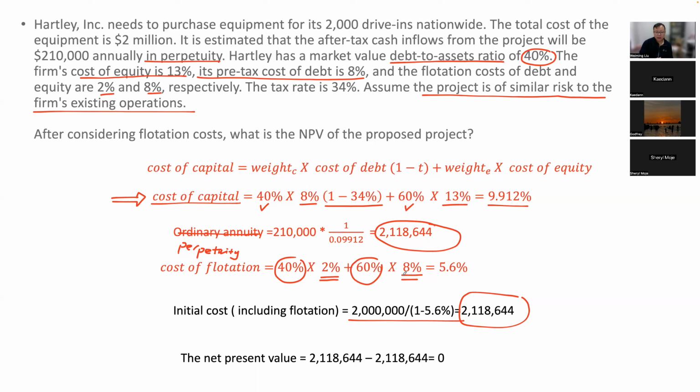You get $2 million from the investors, and that $2 million is spent on the equipment, but you have an additional cost, the cost of raising the money from the investors. The $2 million is only what you pay to the equipment manufacturer. The flotation cost you pay elsewhere, because you have to raise the capital.